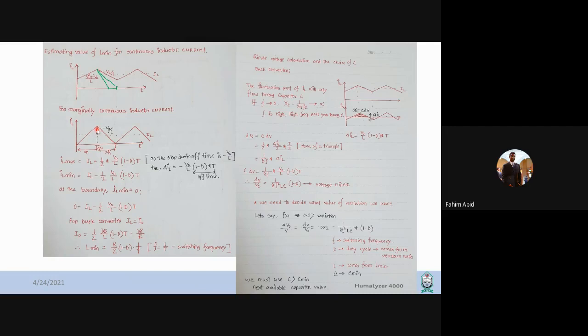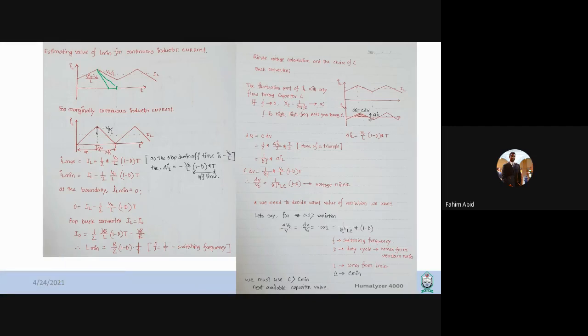If we use this triangle, then the slope here is minus V naught divided by L, and if you multiply it with the time, which is equal to 1 minus D multiplied by T.